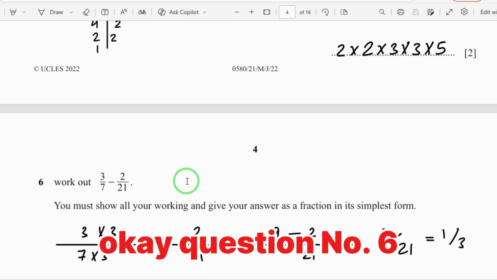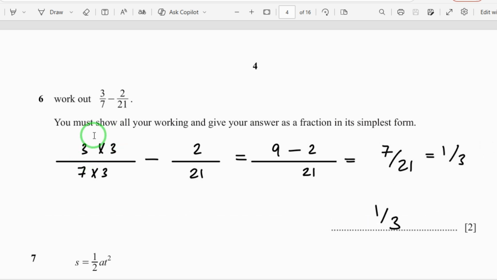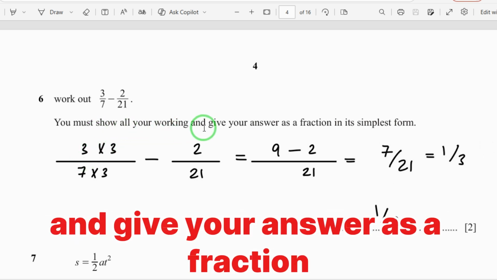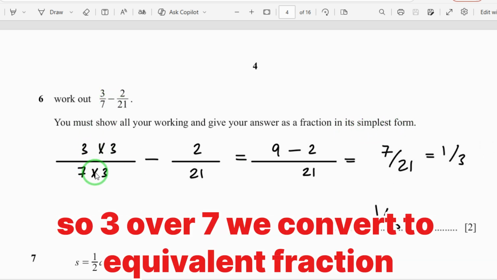Okay, question number 6. Work out 3 over 7 minus 2 over 21. You must show all your work and give your answer as a fraction in its simplest form. So 3 over 7 we convert to an equivalent fraction.